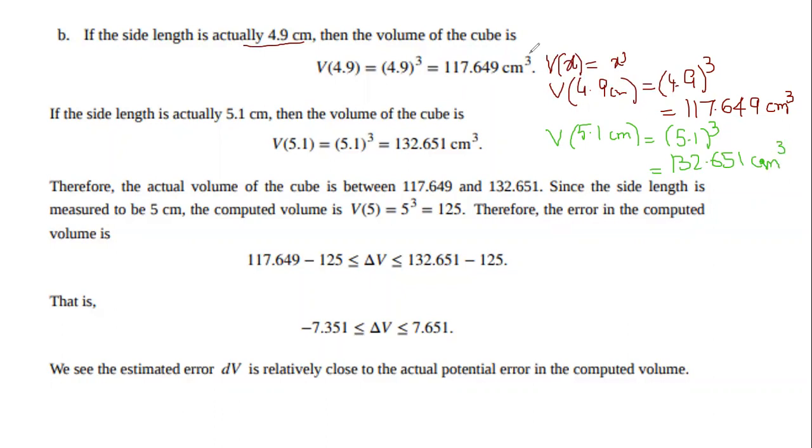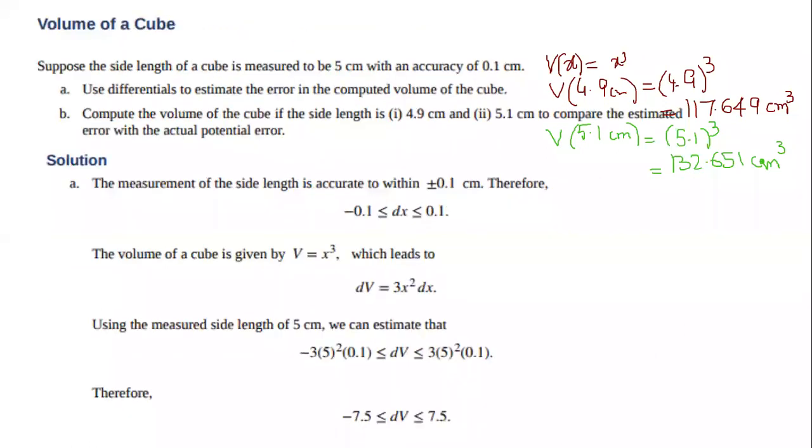Okay, so this is part B. I have to compute part B with 0.1, that is 4.9. My value is 117.649, and with 5.1, my value is 132.651.